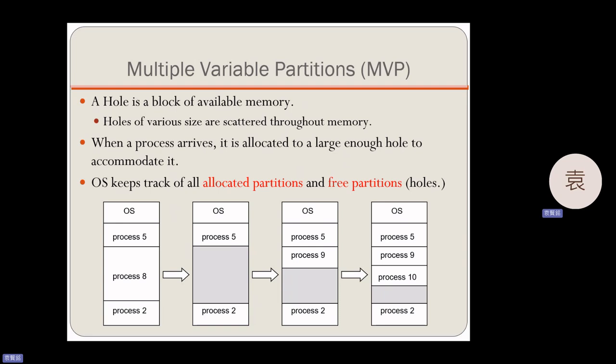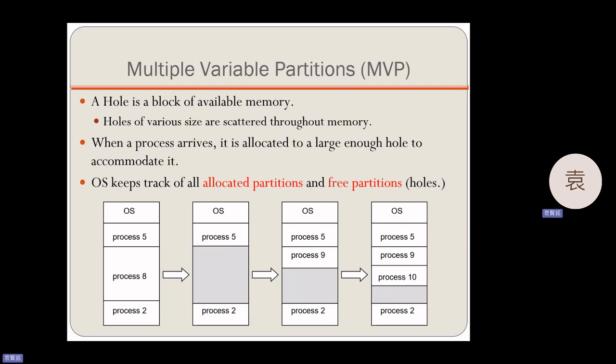The portion originally occupied by process A becomes empty. Then we can allocate a smaller process which is smaller than this hole. For example, process 9 is allocated just under process 5 and leaves a hole between process 9 and 2. Then you can allocate another process, and so on.